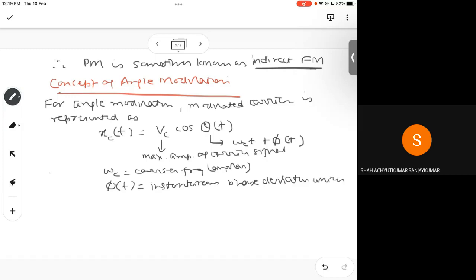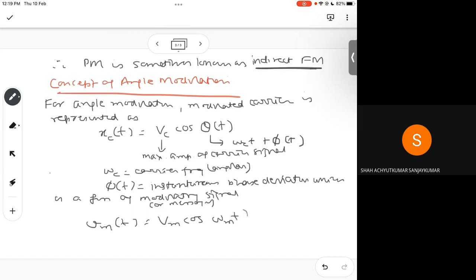Obviously, it is a function of the modulating signal, which is my message signal, which we keep the same as we discussed last time, that is vm(t) equal to Vm cos omega_m t.